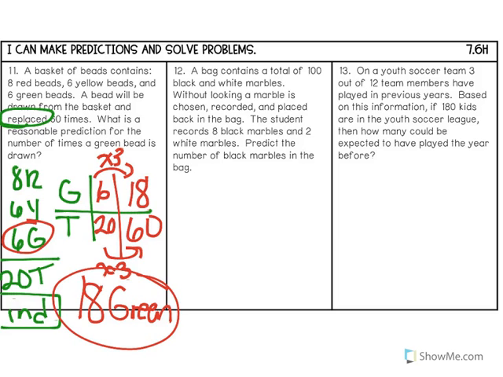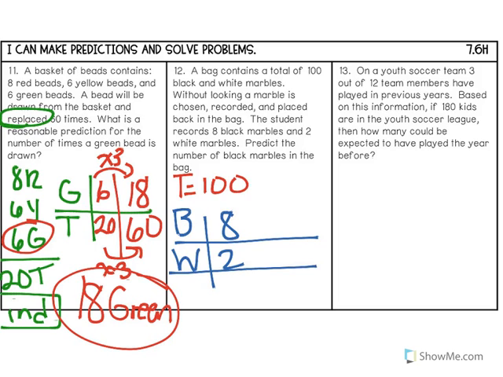Let's look at another one. Number 12. A bag contains a total of 100 black and white marbles. So I have 100 total. Without looking, a marble is chosen, recorded, and placed back in the bag. The student records 8 black, 2 white, and we want to know how many black marbles are in the bag.